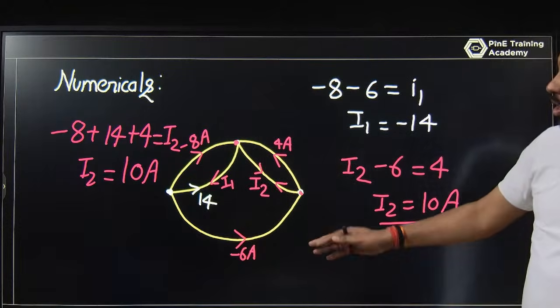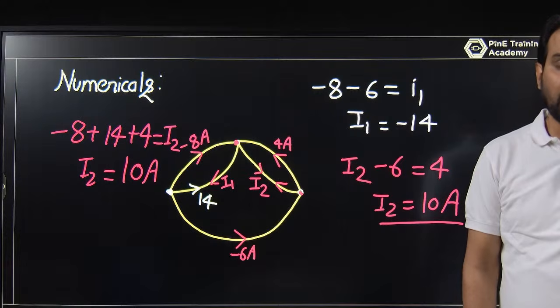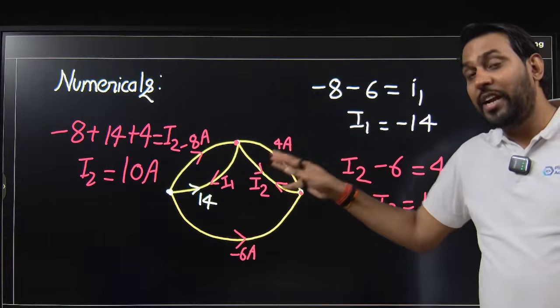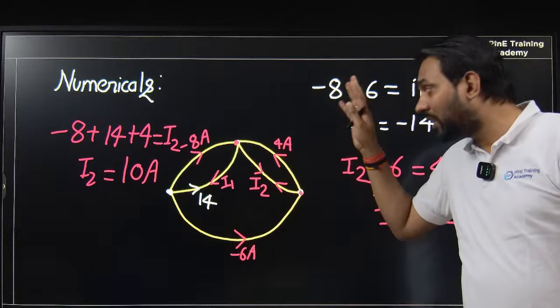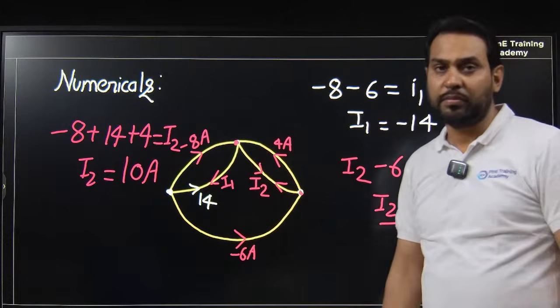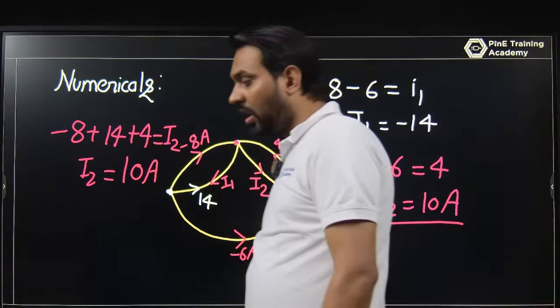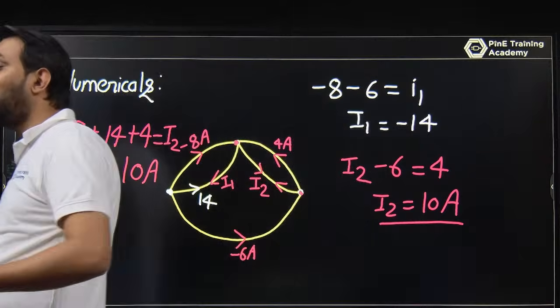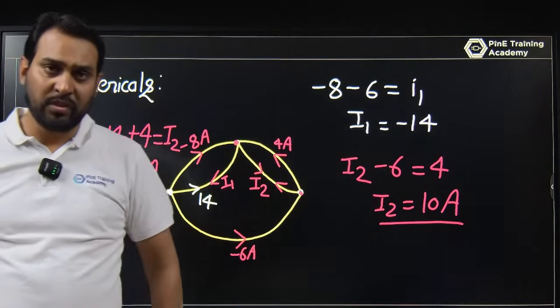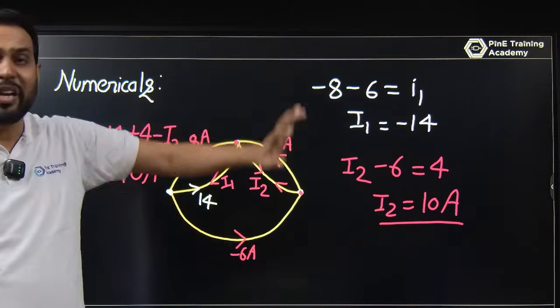KCL is valid everywhere. If KCL is not valid in your circuit, that means you are doing something wrong or the circuit is wrong. If you find that KCL is not valid, that means the circuit does not exist. You can write in one line, the circuit does not exist.